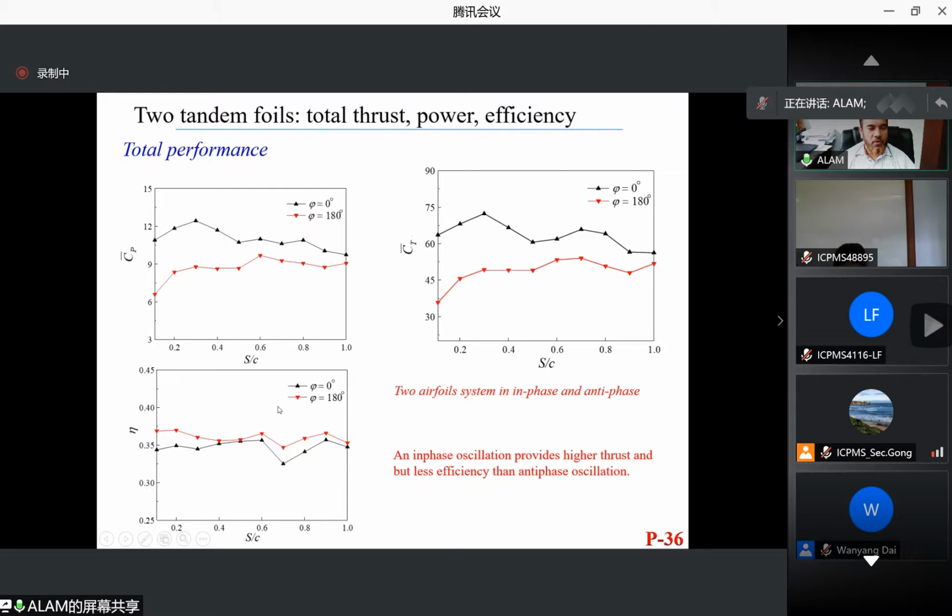If they need to escape from the predator, then they need higher thrust. But in terms of normal swimming, they need higher efficiency. So for escaping or fast swimming, they need higher in-phase oscillation. But for high efficiency, like relaxed swimming, they should have anti-phase condition.